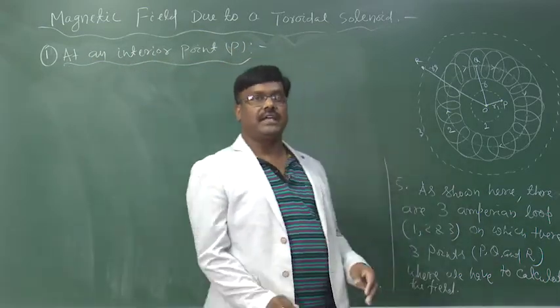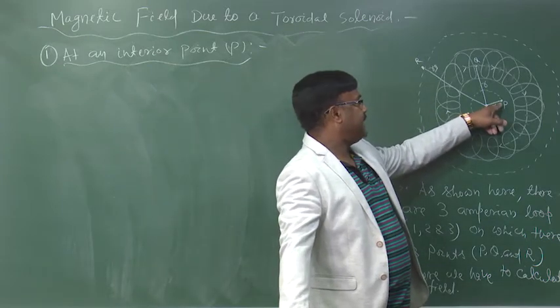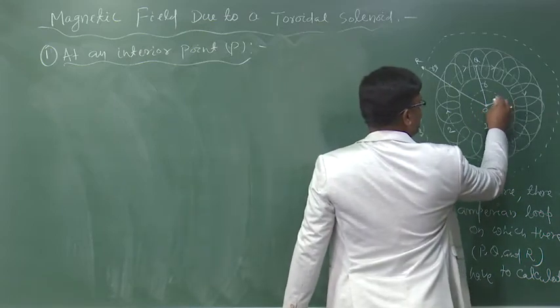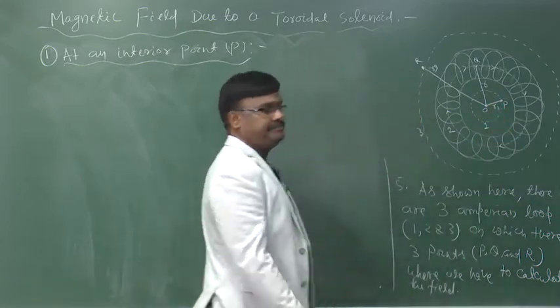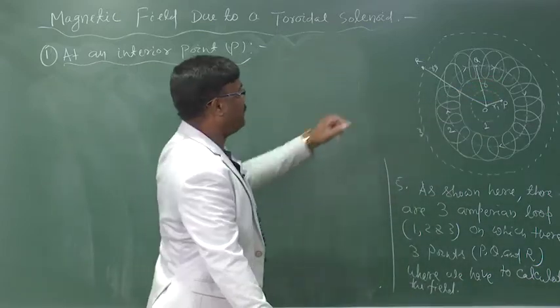Now, let us calculate the magnitude of field strength at an interior point P at a distance R1 from the center, within the open space of the toroid.